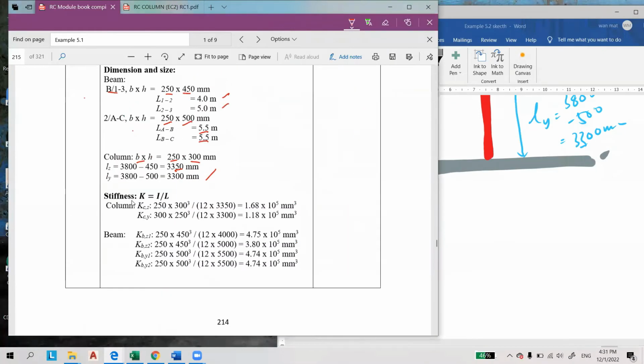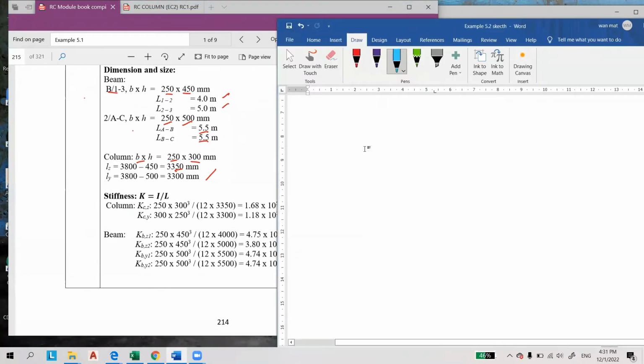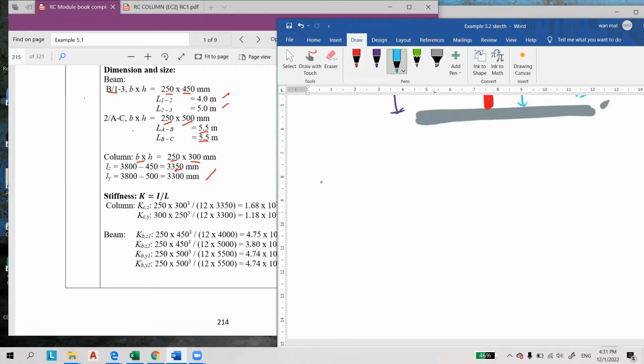And then the stiffness. K is equal to I over L, where I is equal to BH to the power of 3 divided by 12.